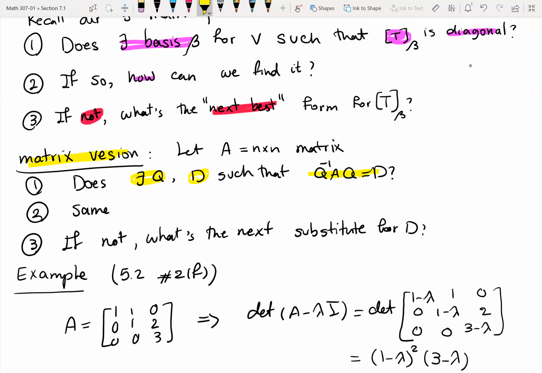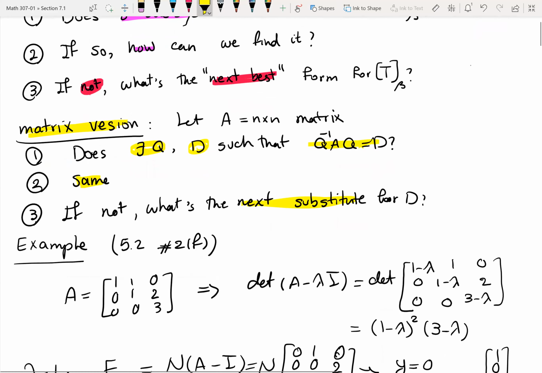That's just the matrix version. If yes, what is that Q? It's the same thing we did in the previous problem: find the eigenvalues, find the eigenvectors, and Q is the matrix whose columns are the eigenvectors. Then what's the next best thing if you couldn't get enough vectors?